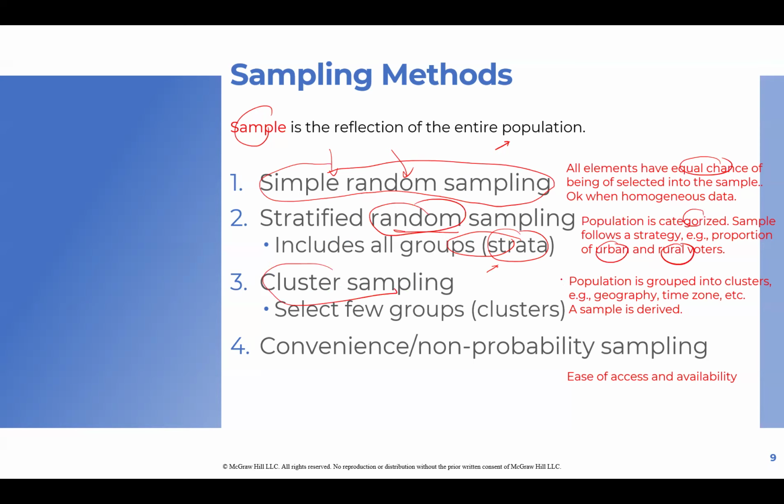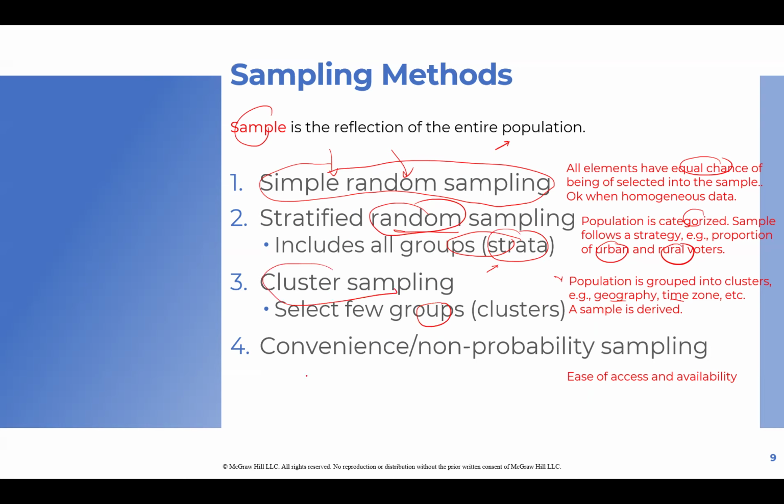Cluster sampling is another method. The population is grouped into clusters, geography wise, time zone wise, whatever criteria you want to put in. And you probably want to draw proportionally, or by some criteria you can put in, and draw the samples and then analyze.